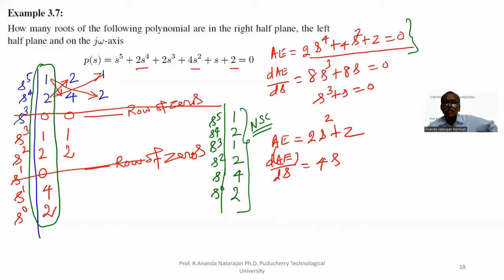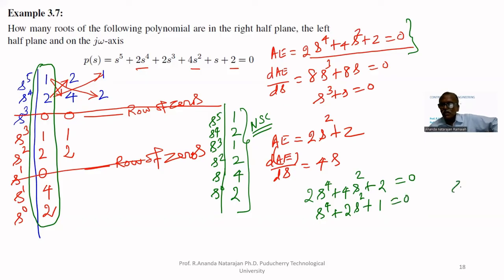What are the roots of the auxiliary equation? Take this 2s square. Here, what are the roots of 2s power 4 plus 4s square plus 2 equal to 0. This can be written as s power 4 plus 2s square plus 1 equal to 0. Or we can substitute s square equal to x.